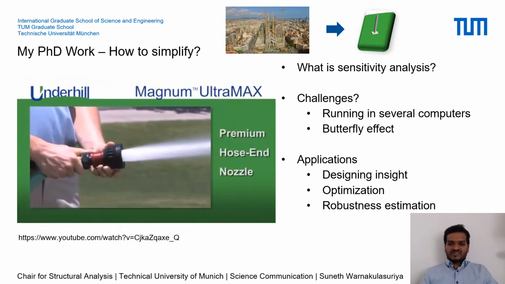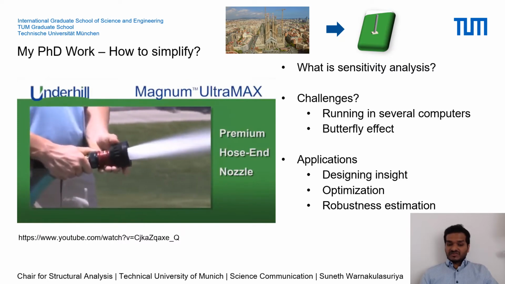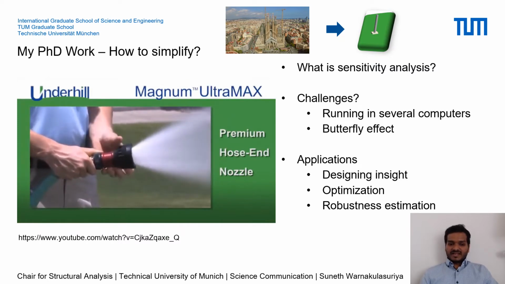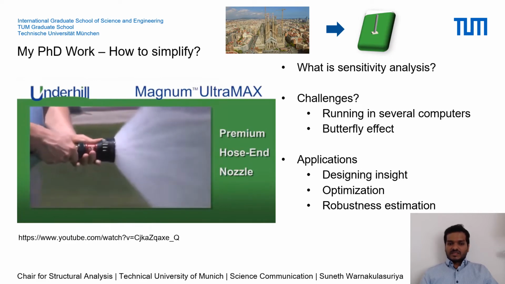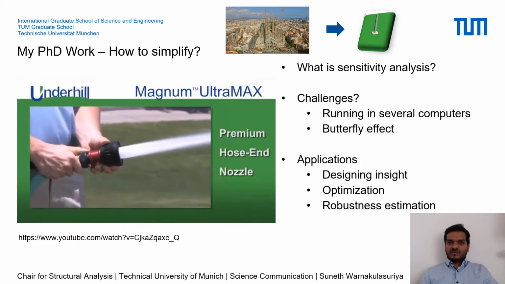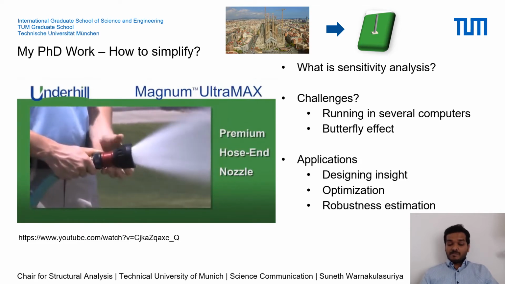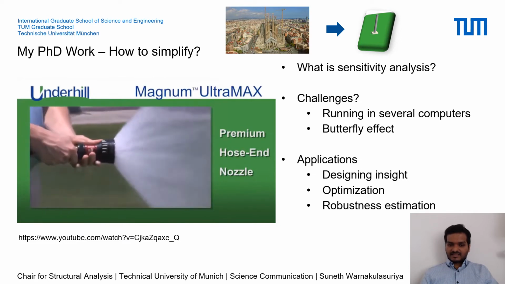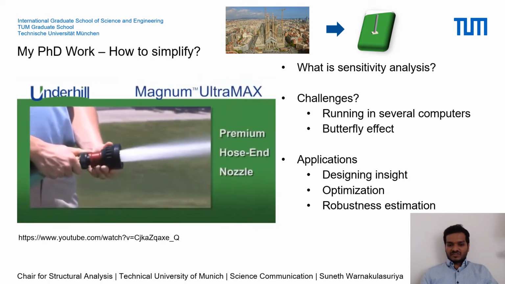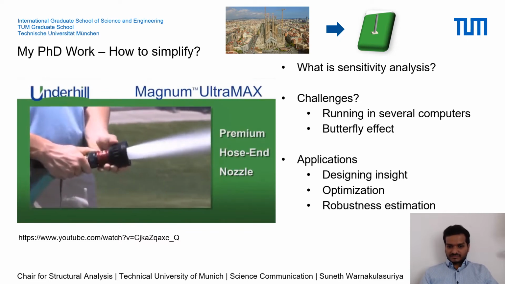That is called sensitivity analysis. This sensitivity analysis is really important in decision making, because if you want to design a new structure or something, if you know how sensitive it's going to be to one of the wind parameters, then you can have better designs. That's one of the applications of this sensitivity analysis, which is one of my PhD works.